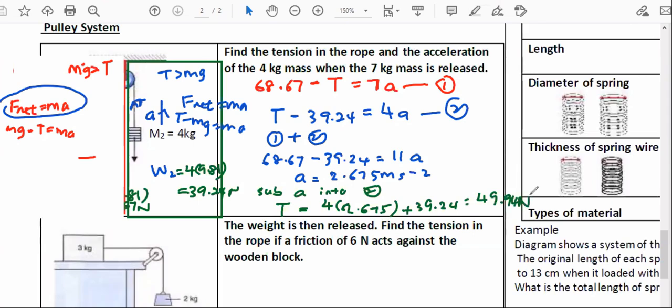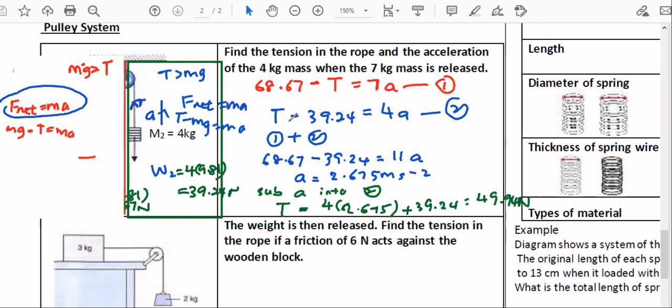Did I miss out any questions? Okay, all good. So this is how you all solve the questions. Of course, there is another easier way, but that depends on the case.